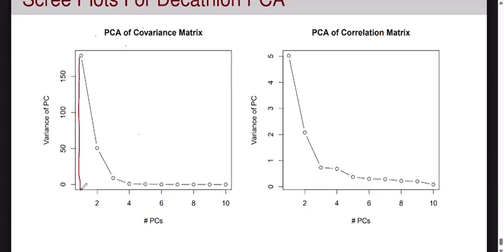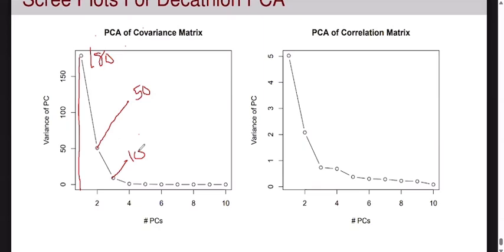Principal component two explains 50. Principal component three explains 10. But when you look from principal component 4, it flattens out, which makes the variance negligible. So if I want to choose here, I'm going to say between 2 and 3 principal components. Does that make sense? Between 2 and 3. In fact, 2 will do the job.